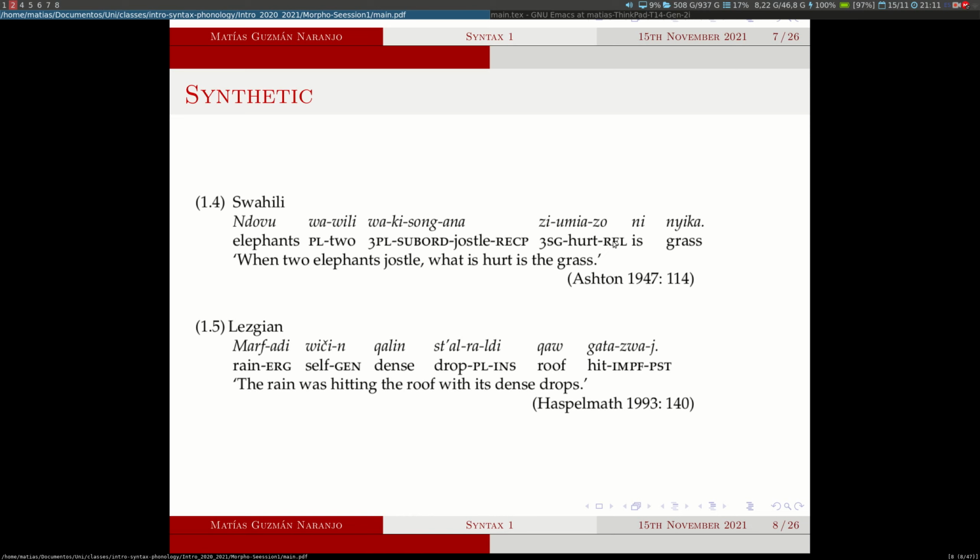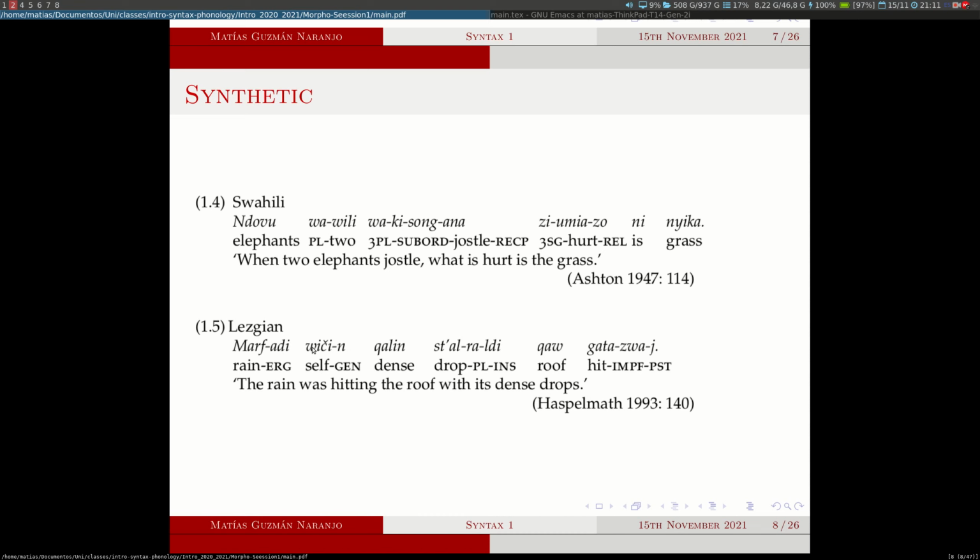This is a relative clause, and then the verb is and grass. So when two elephants jostle, what is heard is the grass. You see that things like the number and person, and whether it's a relative or a subordinate clause, are marked directly on the words themselves with what we would call morphemes.